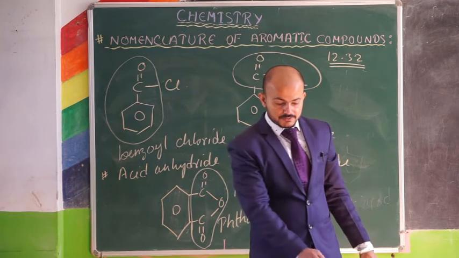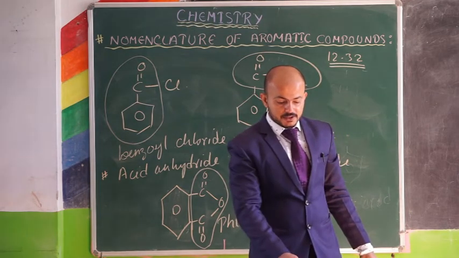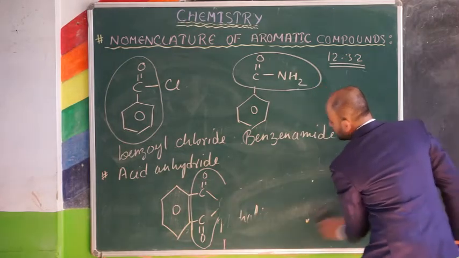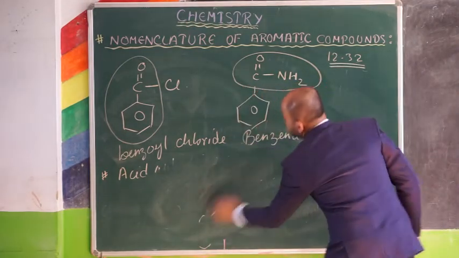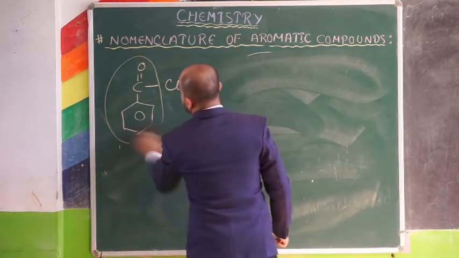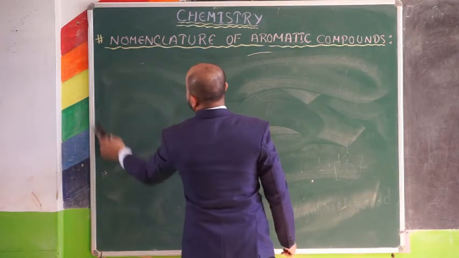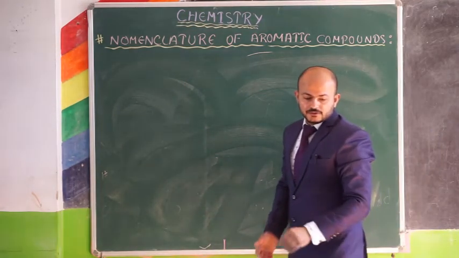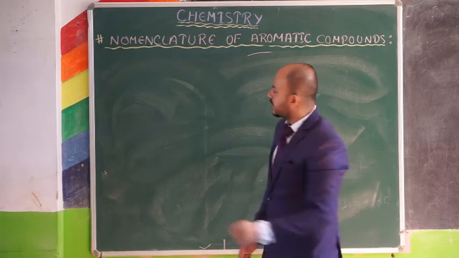Okay, so we have discussed different compounds. Similarly, let's discuss more of these aromatic compounds. Now you have cyanide and isocyanide.